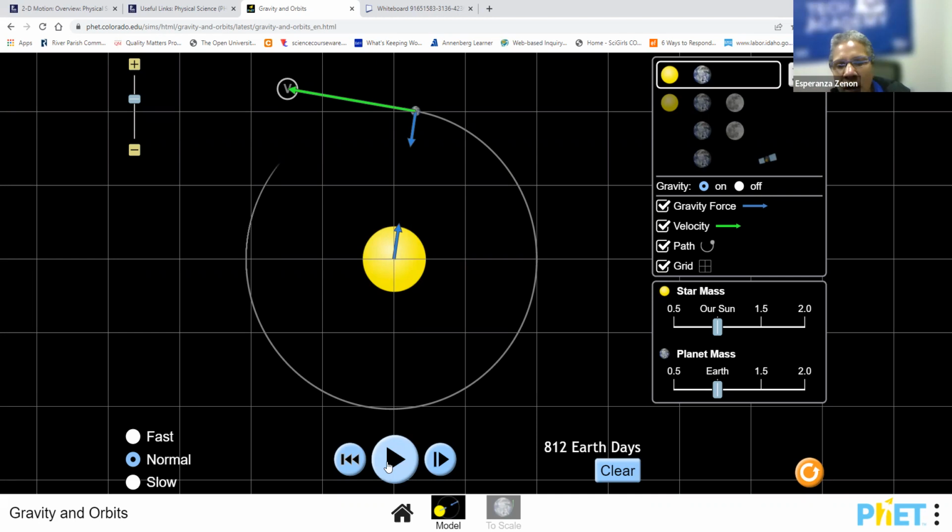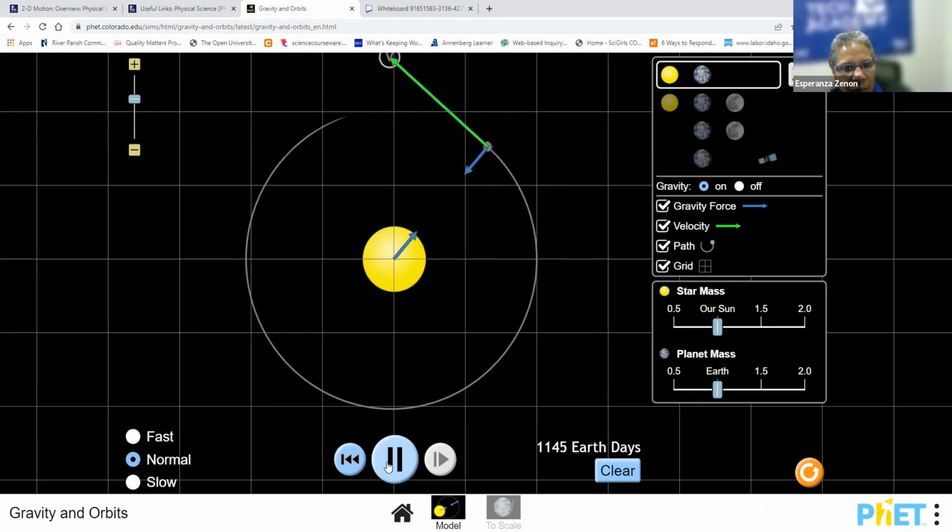Now I know on here they call it gravity force, gravity acceleration for us, right? Now the other thing that you notice about this acceleration that's being produced simply because the direction of the velocity is changing, this blue arrow representing the acceleration always points toward the center of the circle.